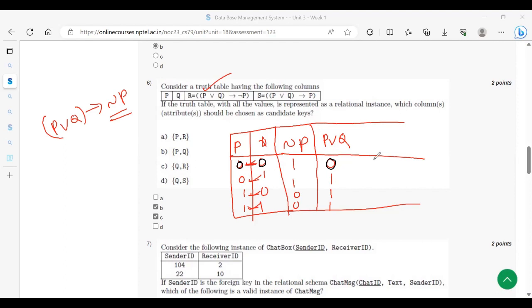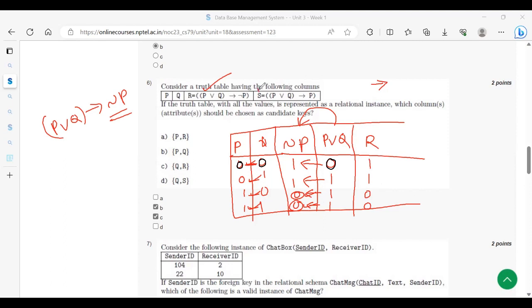There is a relation between P or Q and negation P. Remember, when I say implies, only when the second value is false is the result false. So in these two cases only, the result is false. Hence I am going to take 0, 0. All other cases are 1, 1.